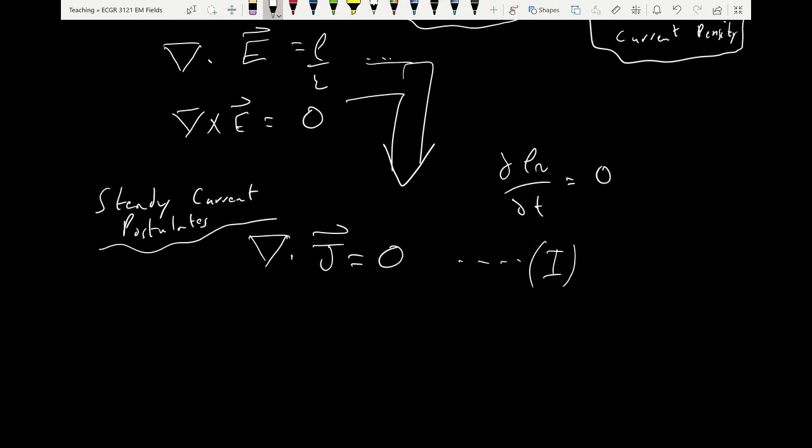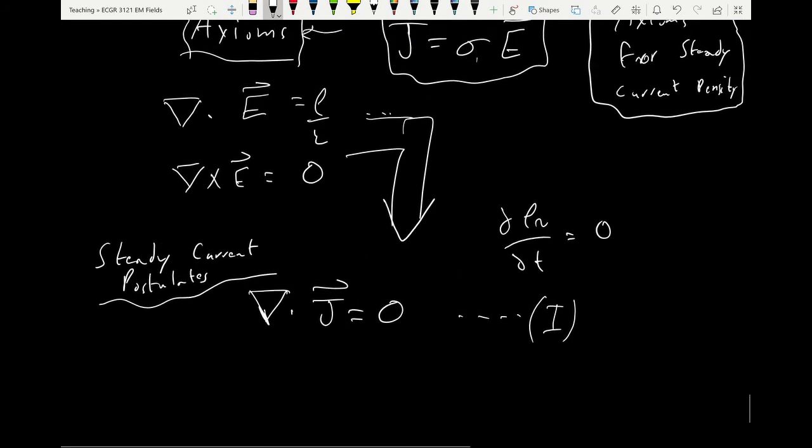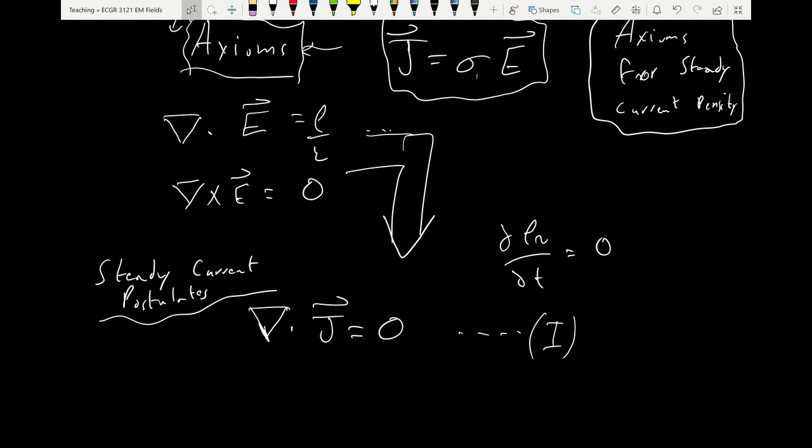In a space where, in addition to electrostatic fixed charges, there also exists a steady current, in addition to the electrostatic field postulates, we'll have steady current postulates. The first one is that the divergence of J equals 0. And then the second one relates to this.